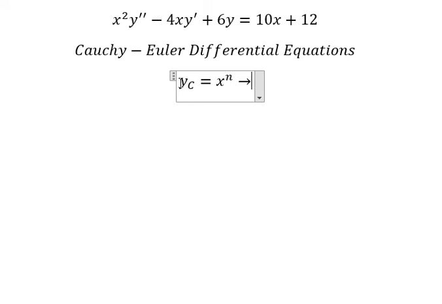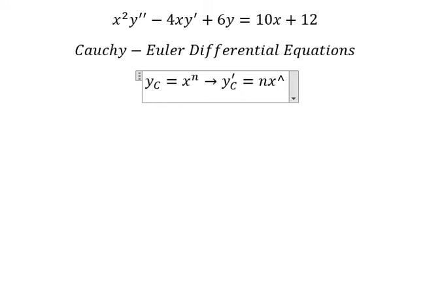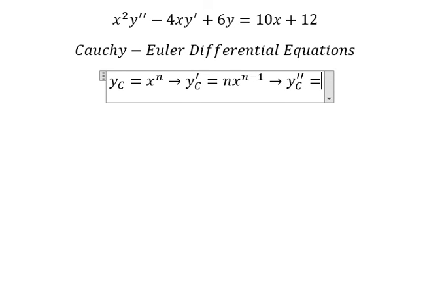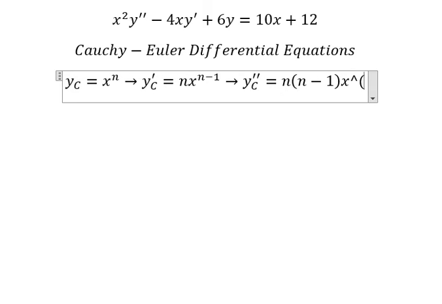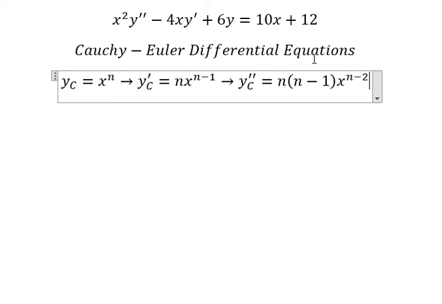If we do the first derivative of this one, we have n s to the power of n minus 1, and if we do the second derivative of this one, we have n(n minus 1) s to the power of n minus 2.